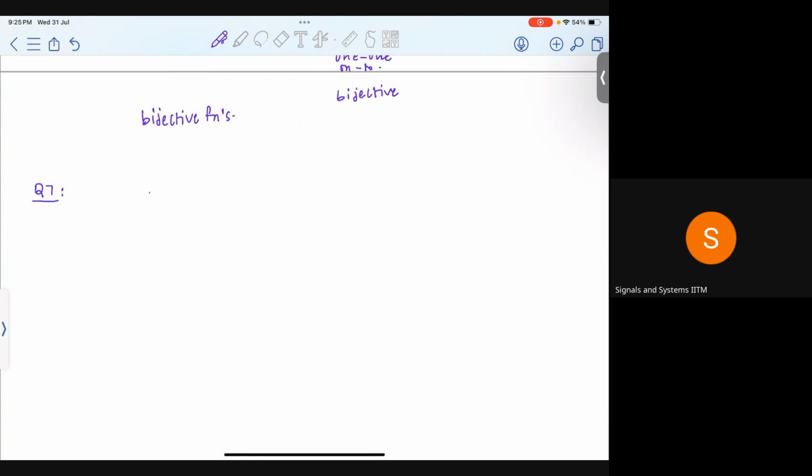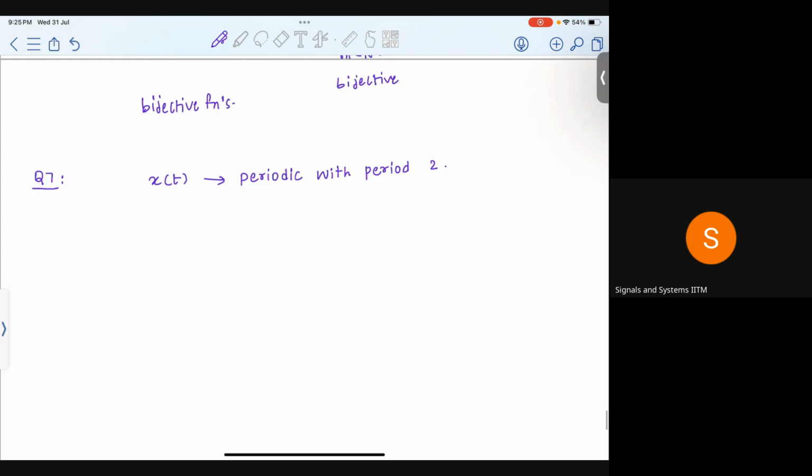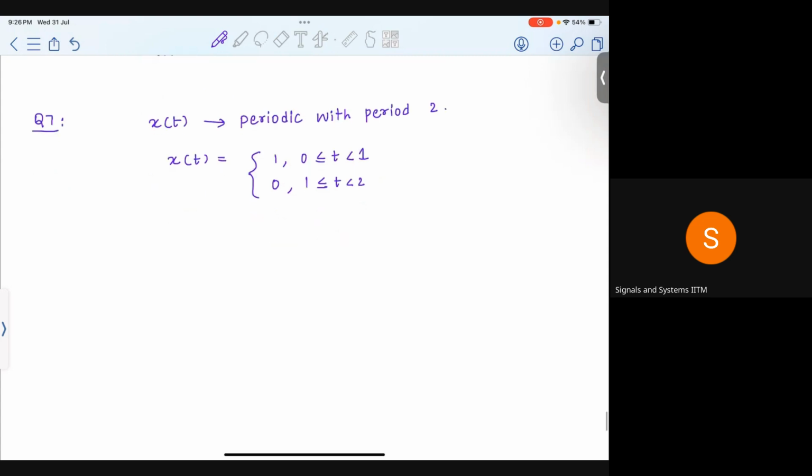There is some signal which is stated in the problem itself: x of t is periodic with period 2, and it is defined in one particular period as follows. x of t is given as 1, 0. In other words, the signal is something like this.